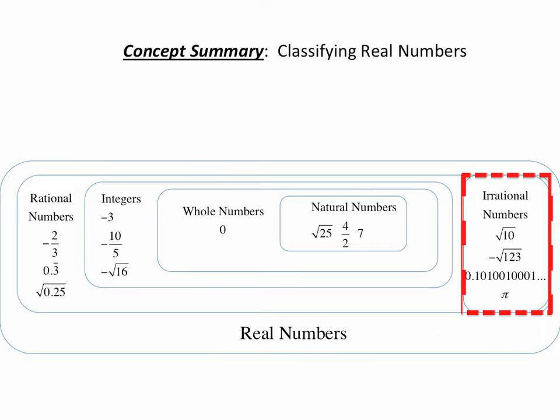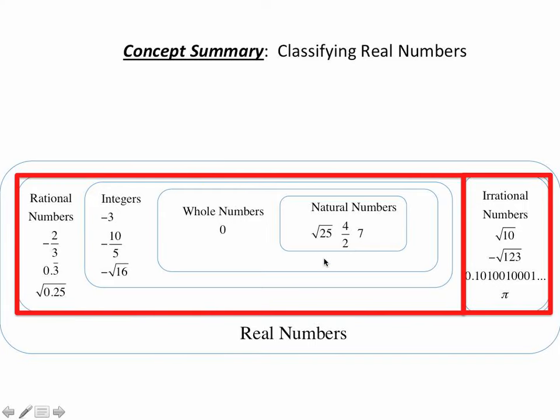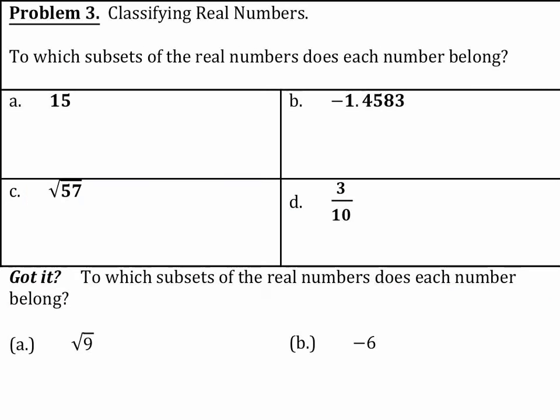So on your paper, please make sure that there's a definite distinction that this box of irrational numbers is not included in those. So I probably should have made a better picture and had a definite dividing line between those irrational numbers and all of these other kinds of numbers. When I put them all together, then I get real numbers. All right? So we're going to come back to that picture a bunch as we answer these questions.